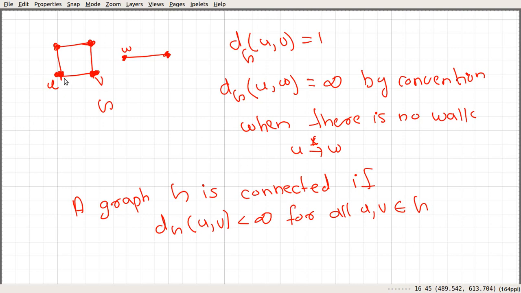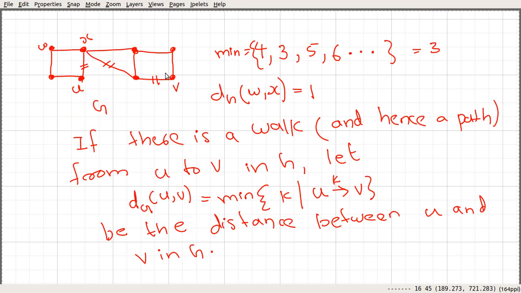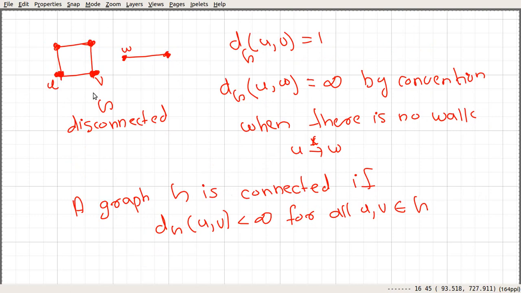In that sense this graph is a disconnected one. And if you look into the previous one, we can see that we have a well defined distance between each and every pair of vertices here. So this is an example of what is called a connected graph. So this graph is connected and this graph is disconnected.